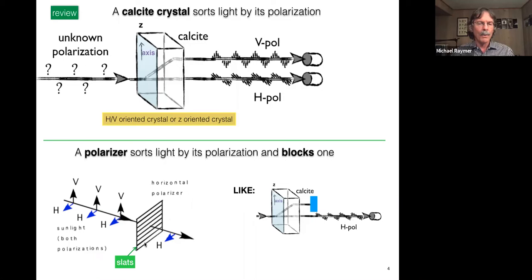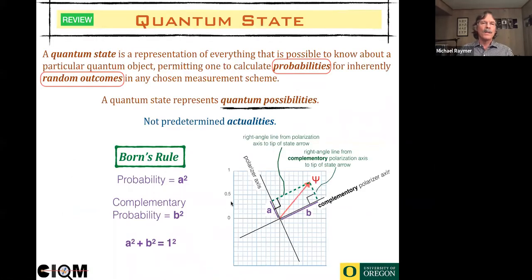Ideally, a really good polarizer would pass nearly 100% of the light. The plastic film polarizers that we sent to you probably only pass about 80 or 90% because they're just not very expensive devices. So a polarizer film is similar to a calcite crystal where one of the output beams is blocked.